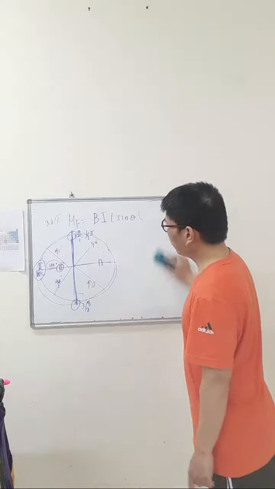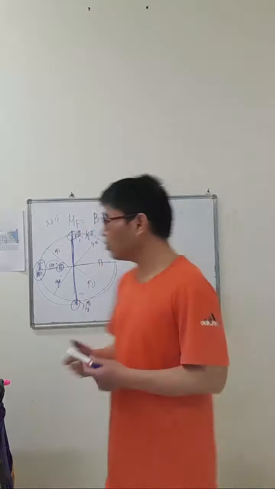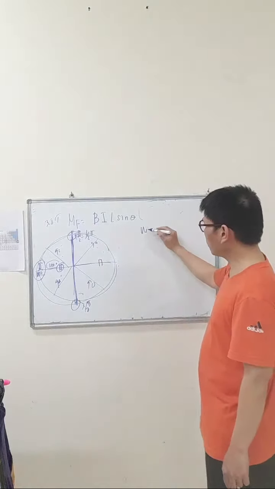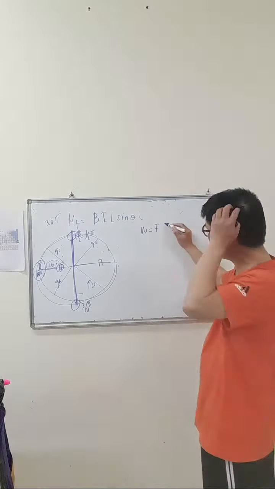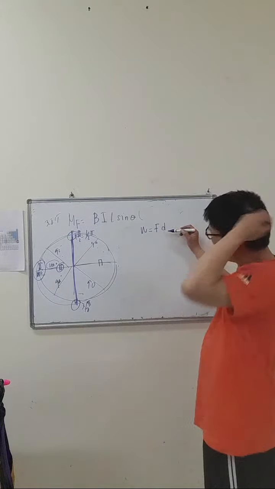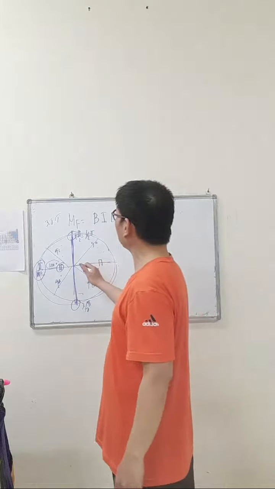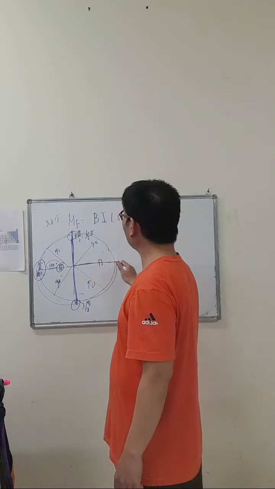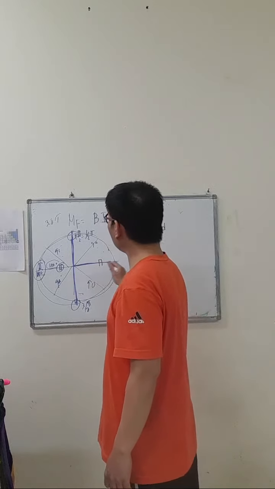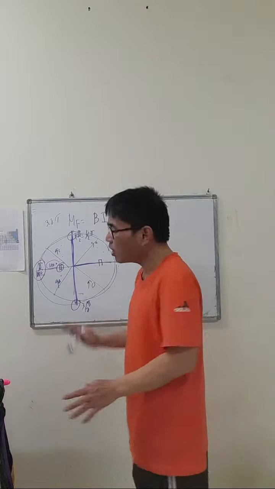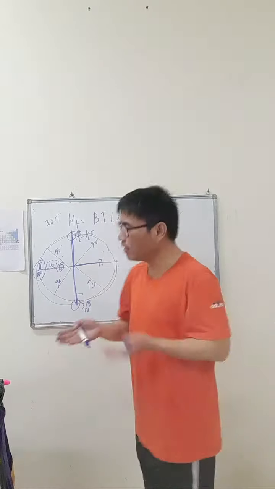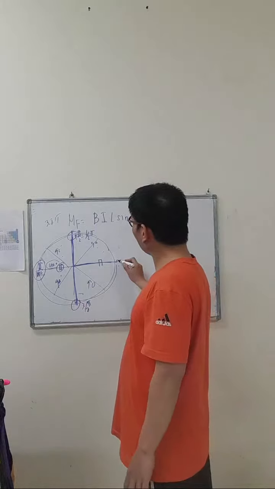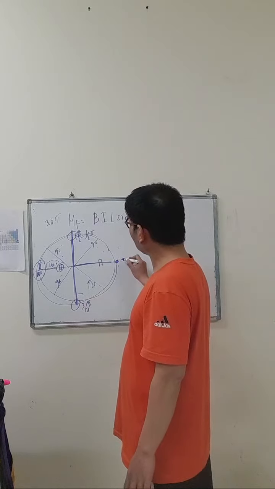Okay, going back to the work. Work is equal to force times distance, right? And then your distance is here, as I told you. As you go here, in the initial point, this is 0 degree here.